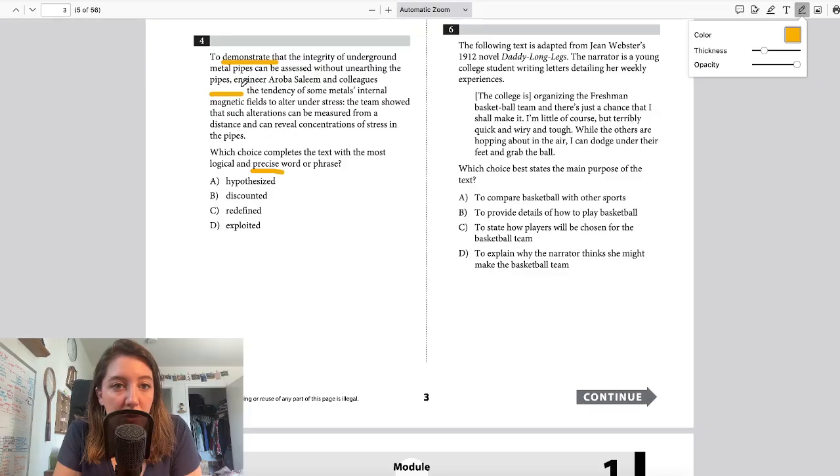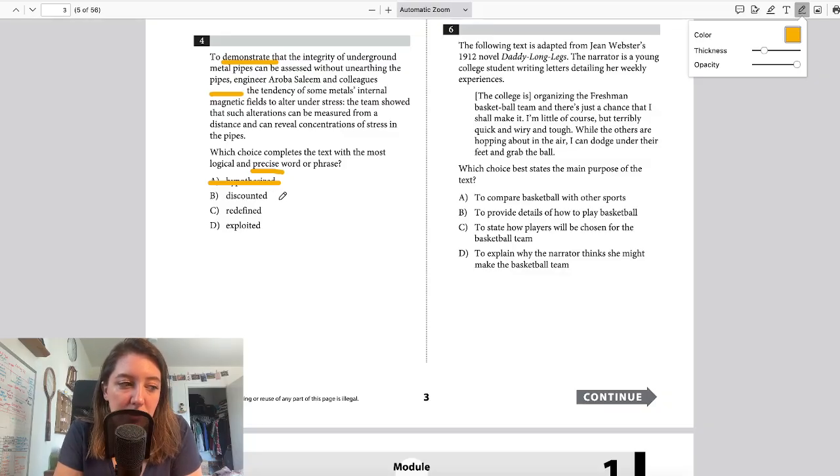And so in order to demonstrate this, these folks are going to, let's see, hypothesize about something, but probably not. They would have already hypothesized if they're at the demonstrable phase, right? So discounted, this would be more in the evaluation section of a paper like this, right?